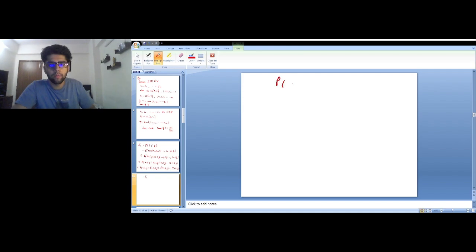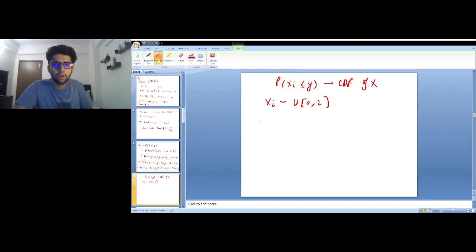Now any xi less than or equal to y is basically the CDF of x, and we know that xi is uniformly distributed between 0 and 2. So what is the CDF of xi, where i lies between 1, 2, 3 till n? The CDF is the integral of 1 upon 2 from 0 to y dx. Why am I writing 1 upon 2?